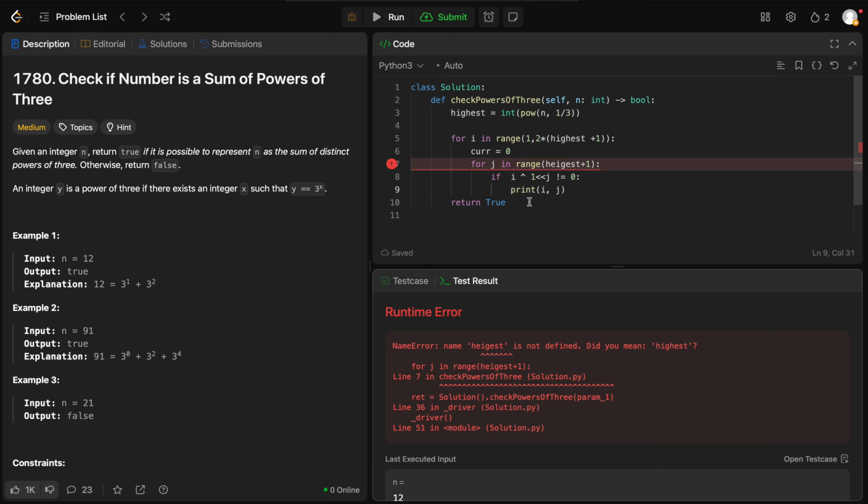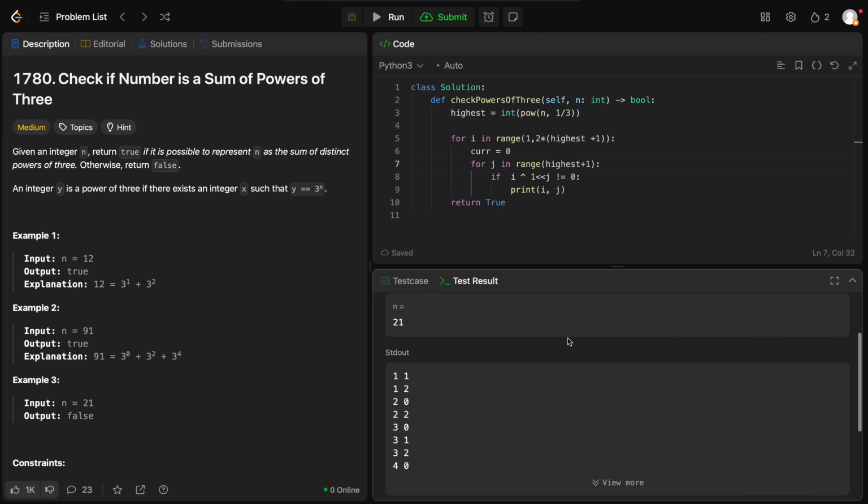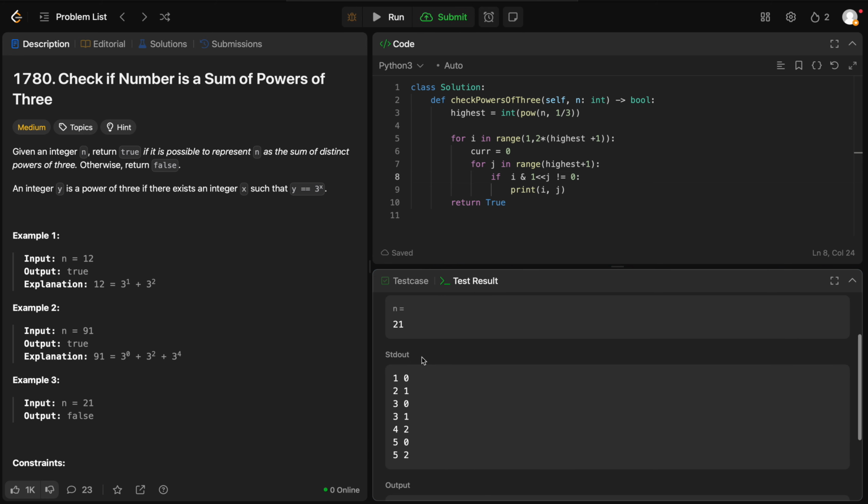Let me see. I need to really get better at this. Okay, this is what I want.